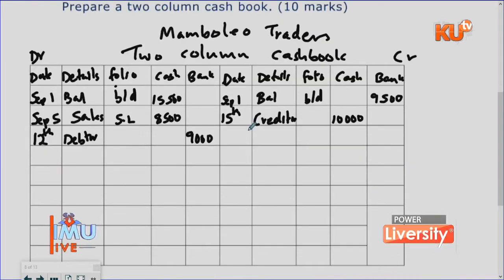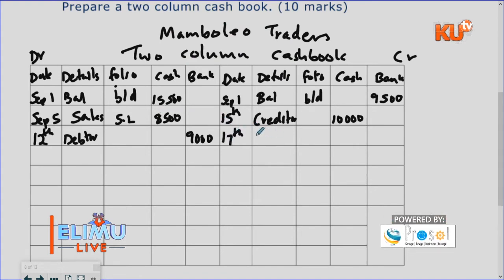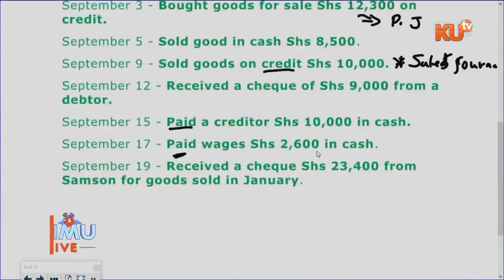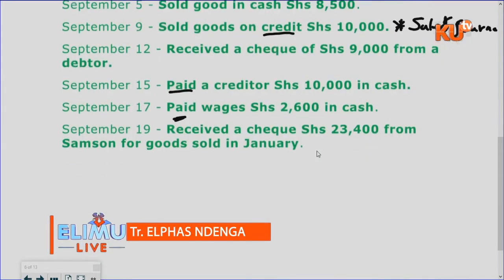That is September 17th, and that is wages. How much? 2,600 in cash.